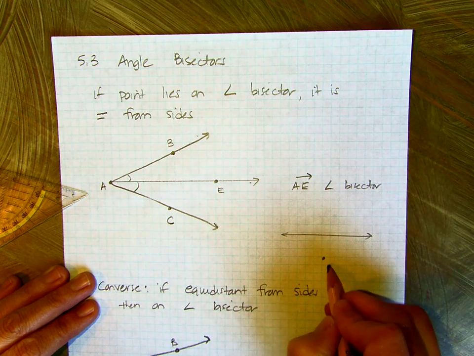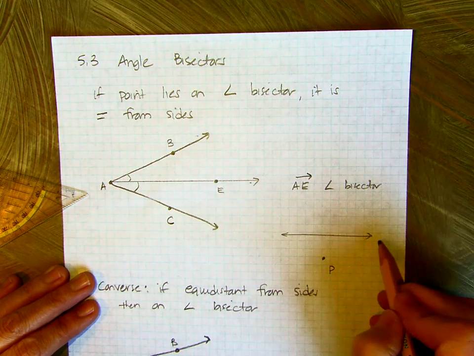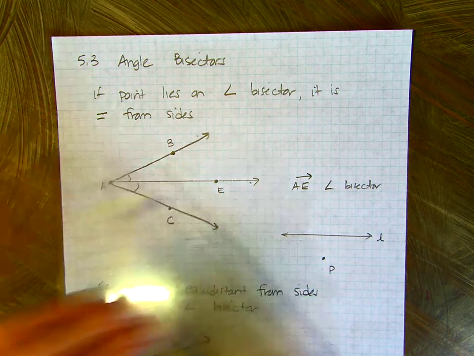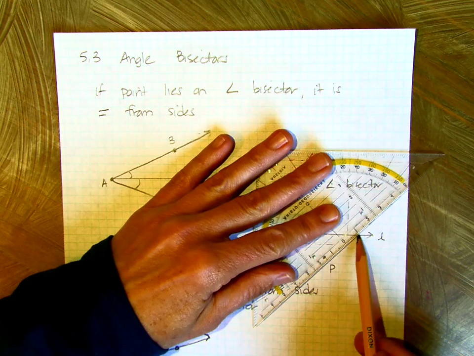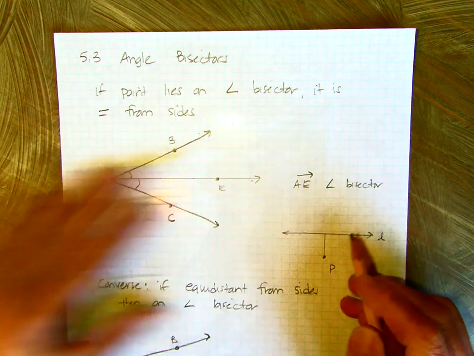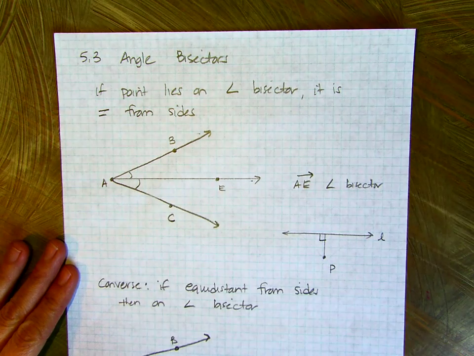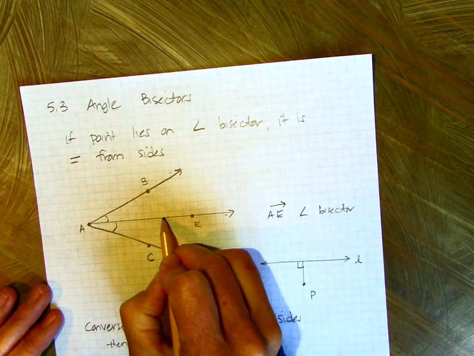And just to clarify something, if I have some point out here P, and I want to know how far it is from this line L, how would I measure it? Would I measure it that way? Would I measure it to the shortest distance? And what is the shortest distance? That has to be perpendicular.